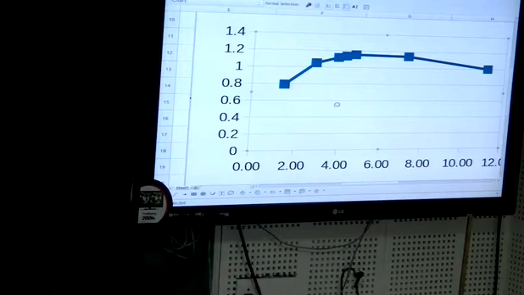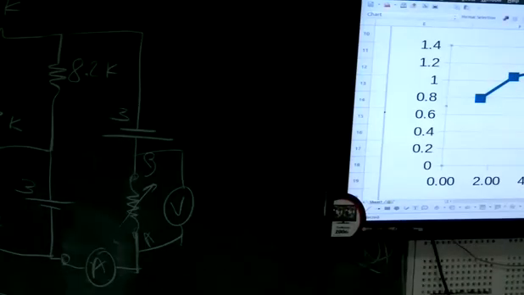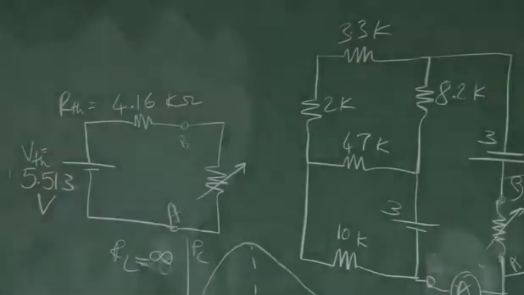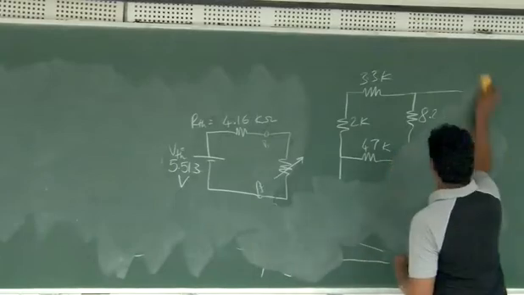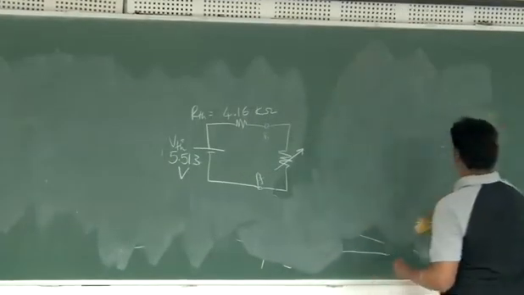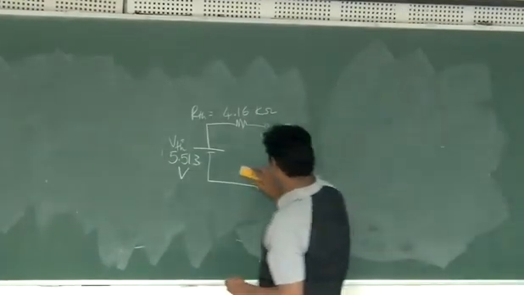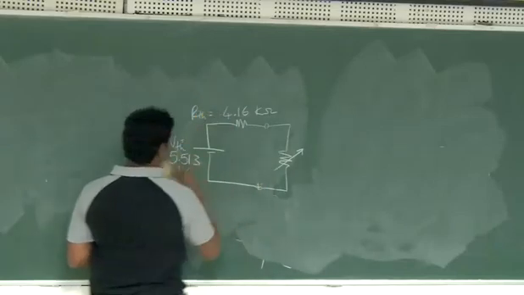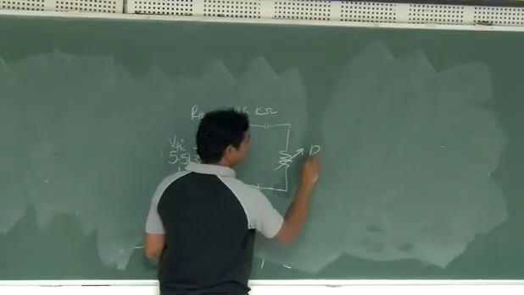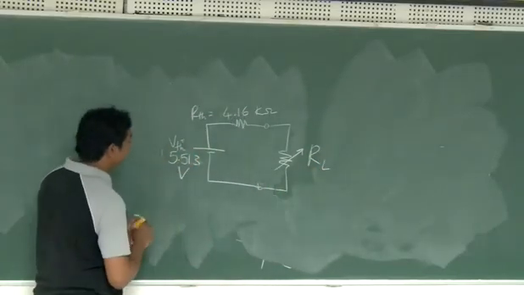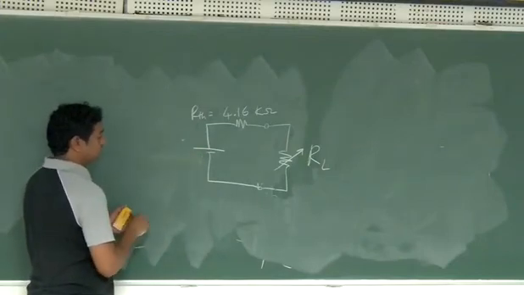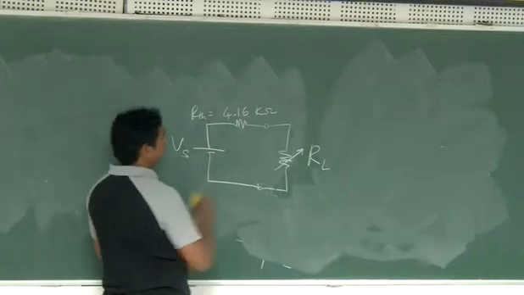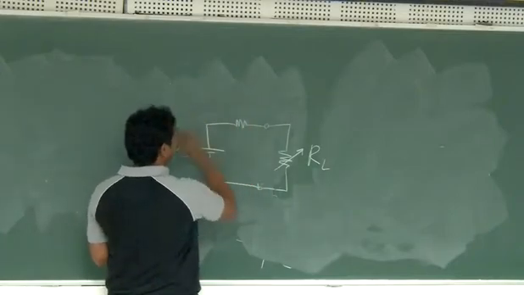So let's come back to the board. Now forget about that circuit. Maybe I'll just remove that. So this is RL. Okay. So instead of VTH, let me call this VS. And then RS.